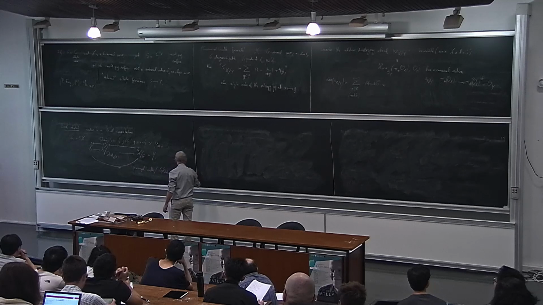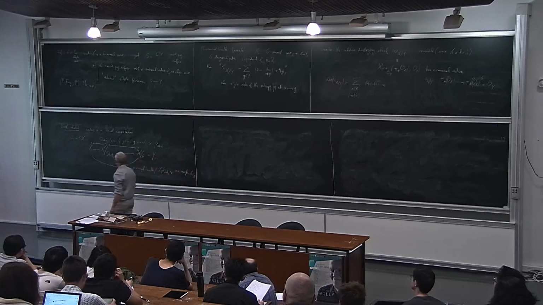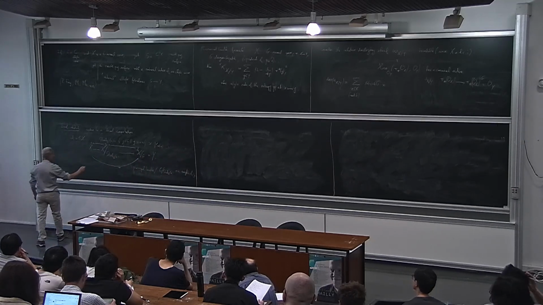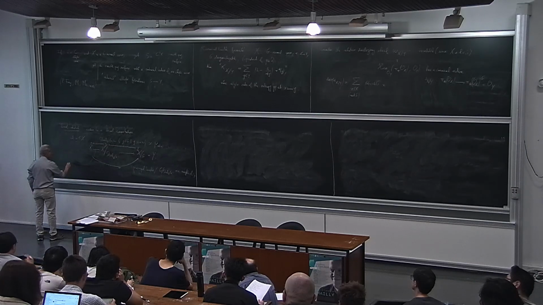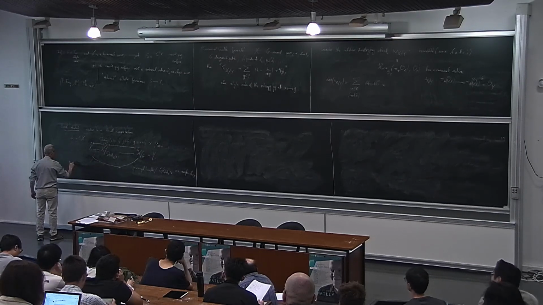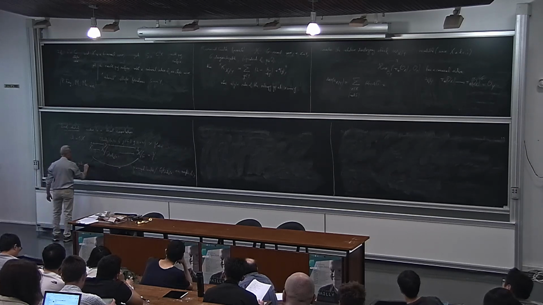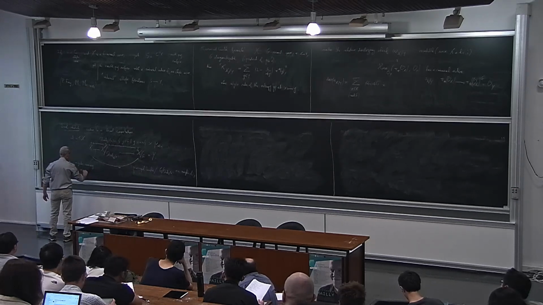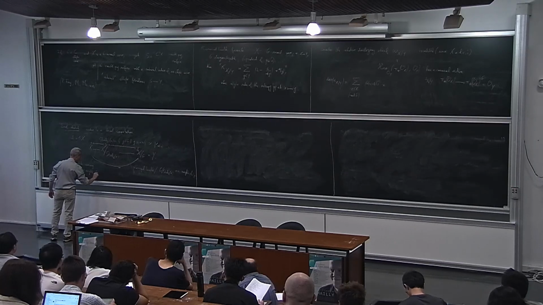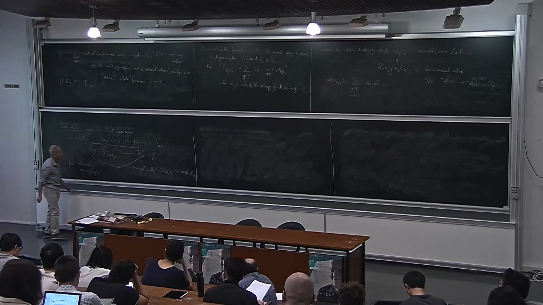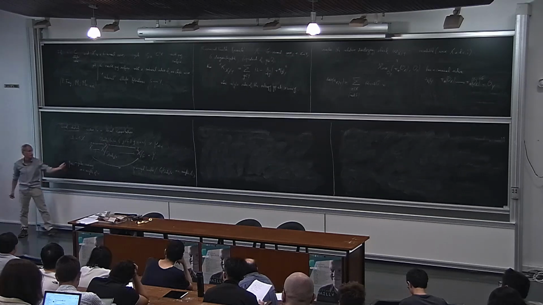So this is well understood, and so you get two explicit maps.